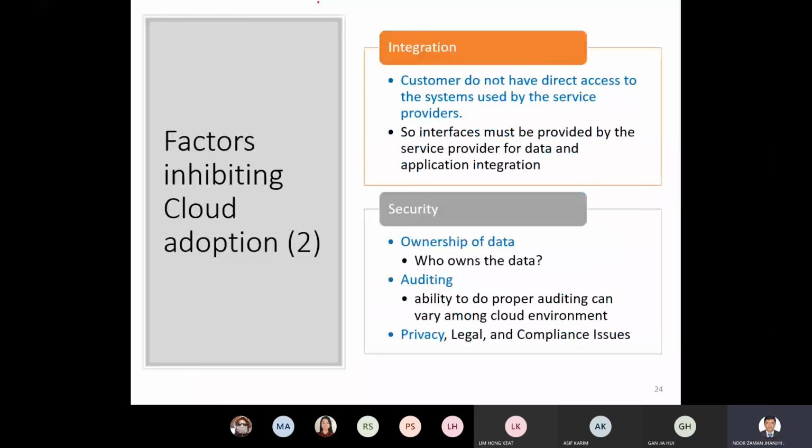Now, as we discussed, people are afraid about integration and about security. Why integration? Because customers think that we don't have direct access to them. Maybe my data is there, so what happened to my data? And what happened to the other things? So these things are actually a problem.